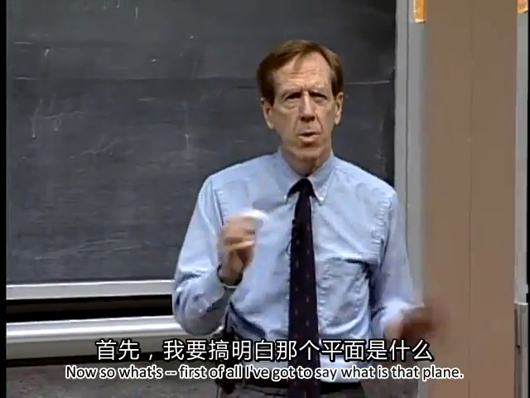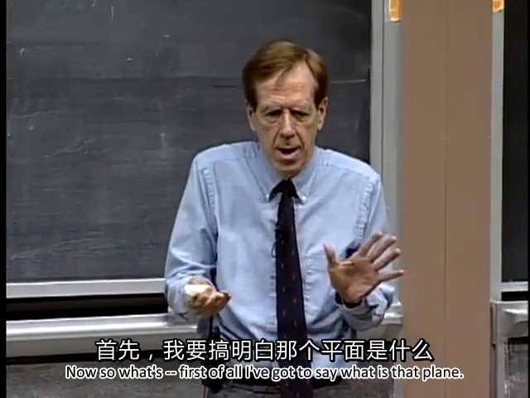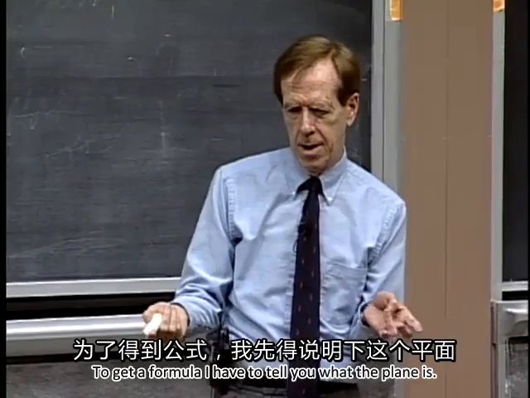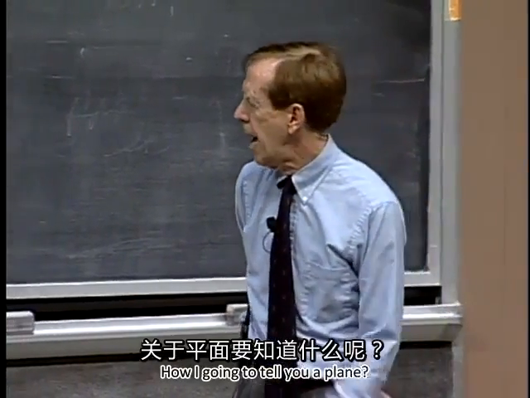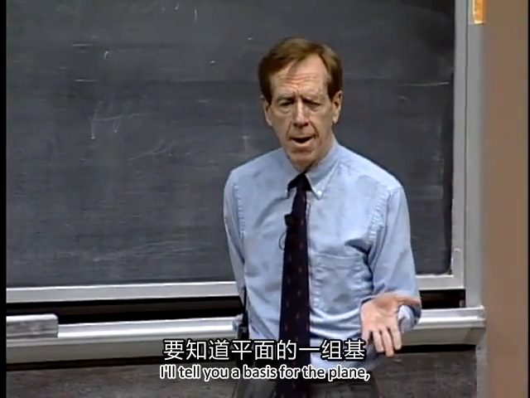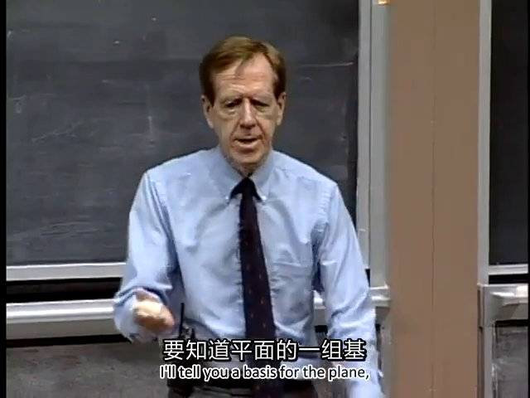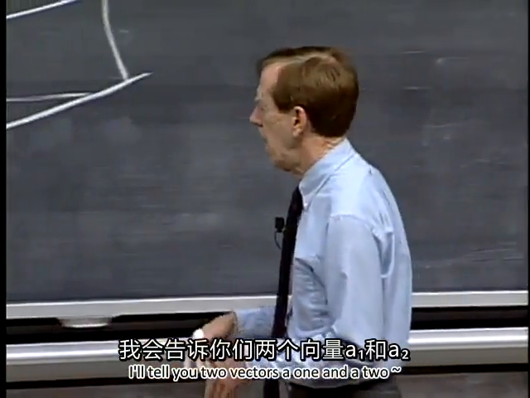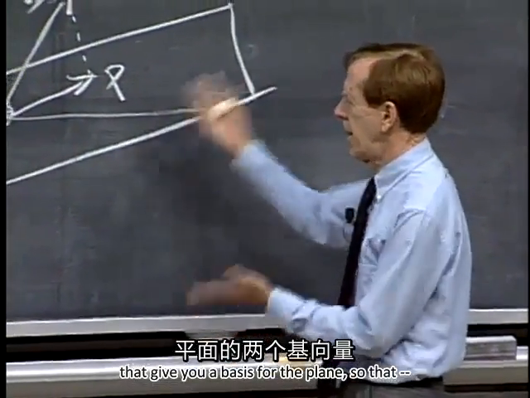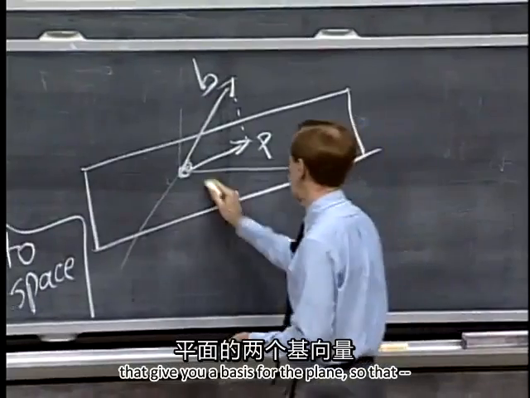Now, first of all, I've got to say, what is that plane? To get a formula, I have to tell you what the plane is. How am I going to tell you a plane? I'll tell you a basis for the plane. I'll tell you two vectors, A1 and A2, that give you a basis for the plane.